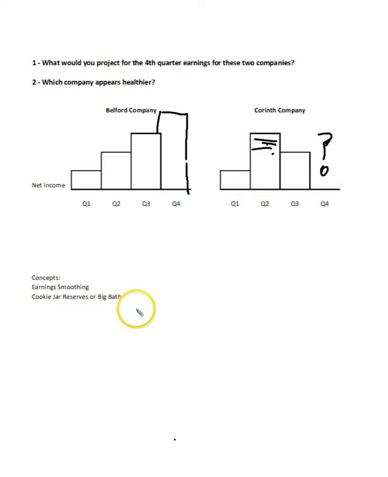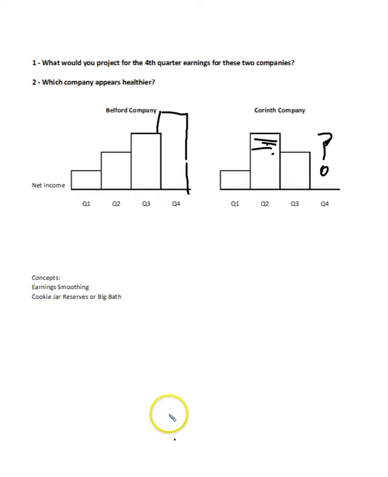They can do that through estimates, because we use a lot of estimates in accounting. Like estimated bad debt expense or estimated depreciation expense, they'll overestimate in this year of the big bath, and so then in the future years, they have smaller depreciation expense, smaller bad debt expense, so the future years look better than they actually should. So that's a cookie jar reserve.